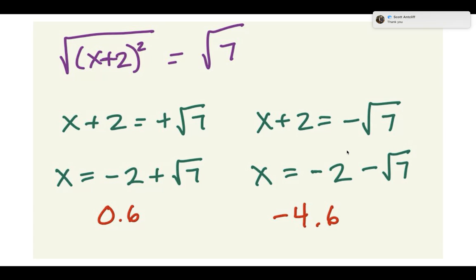I realize 7 is not a perfect square, so I will later in my calculator convert that to a decimal. So I would end with x equals negative 2 plus the square root of 7, x equals negative 2 minus the square root of 7, to end with roots of 0.6 and negative 4.6.